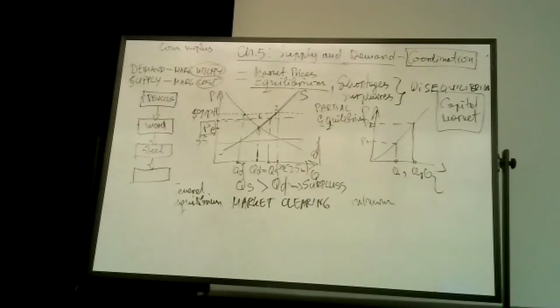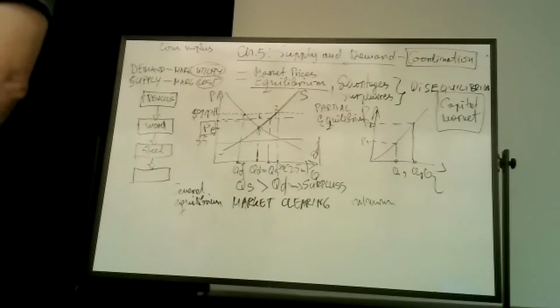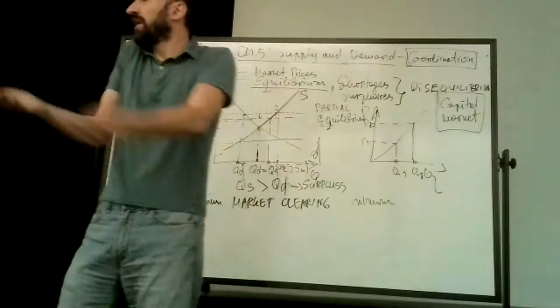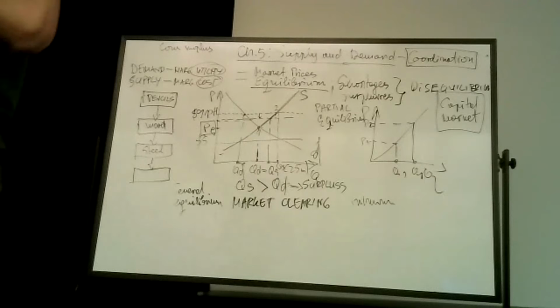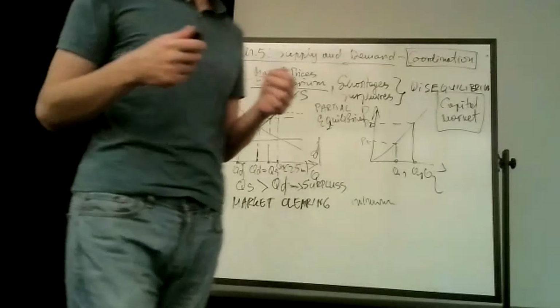Does anyone trade on the stock market? Does anyone buy stocks or bonds? Nobody? So people buy stocks and bonds all the time. They speculate about future prices and future profit rates.